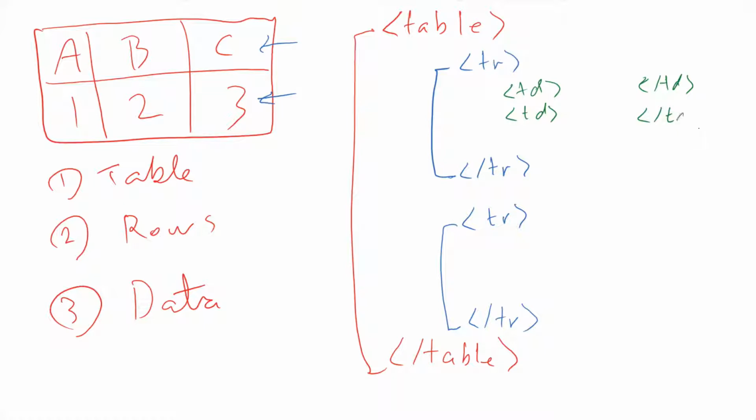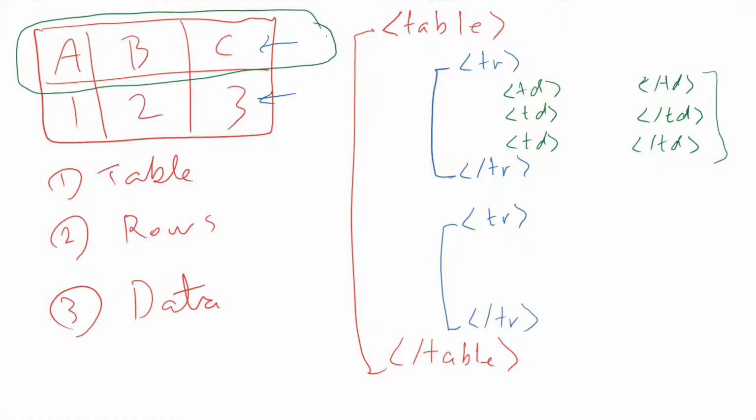How many do we need? We need 3 here because we have 3 data cells per each row. TD and closing the TD. So these 3 are related to these 3. We have to implement for the second 3.